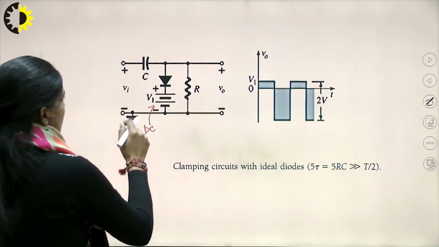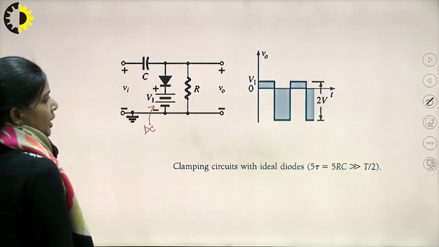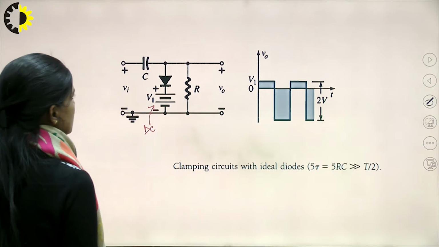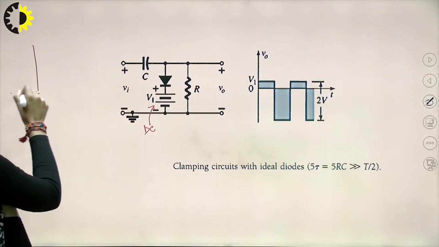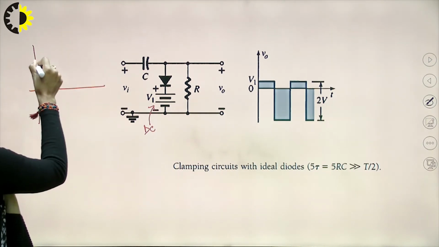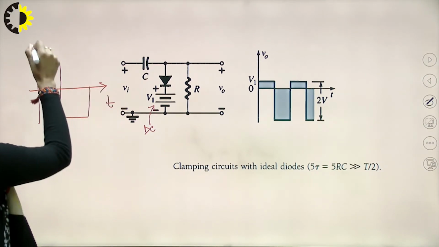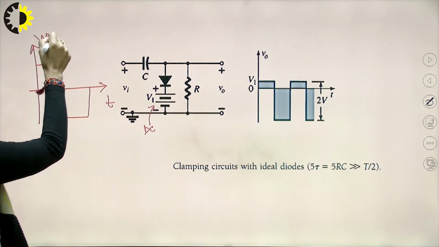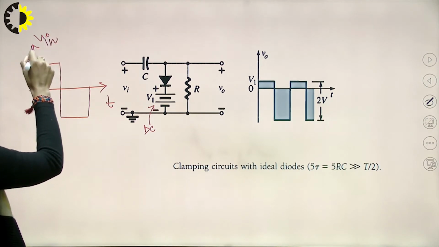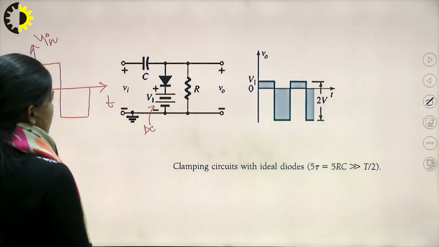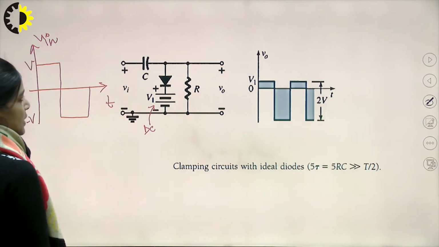So, here when the positive cycle appears, this output is shown for the same input that we have discussed earlier, the square wave. So, here we have a square wave as input with time t, and this is V in. This is V voltage and this is minus V voltage. So, what will happen for the positive cycle?